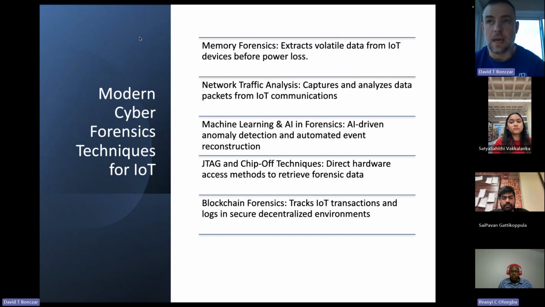This is actually a physical access method to retrieve forensic data. This is actually removing chips off of a motherboard or a circuit board of an IoT device. And then blockchain forensics tracks IoT transactions and logs them in secure, decentralized environments.